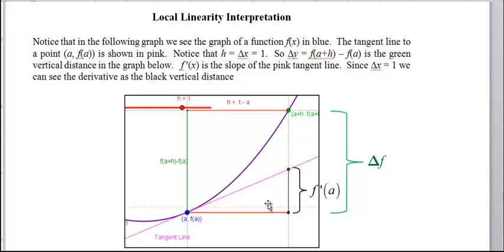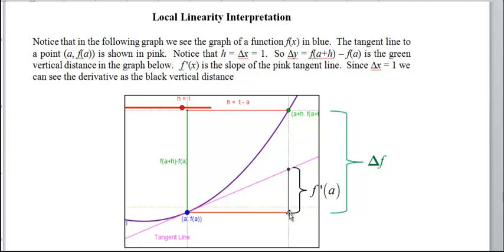So the derivative can be seen as an actual physical distance on the graph, which is this black line distance right here between these 2 points. You go straight across to the right 1, and then however far you go up or down to get to the tangent line, that's f prime of A. Now, for that same delta x of 1, delta f is how far you go up or down to get to the actual point on the graph.